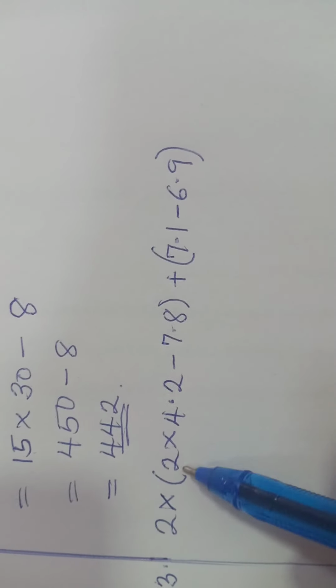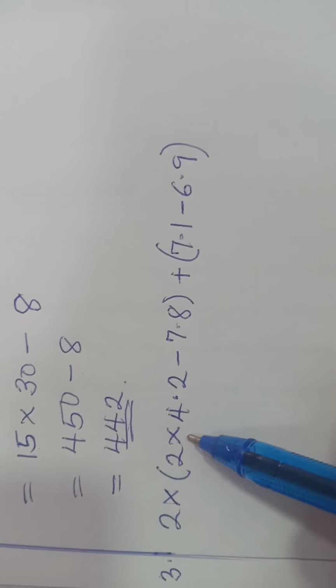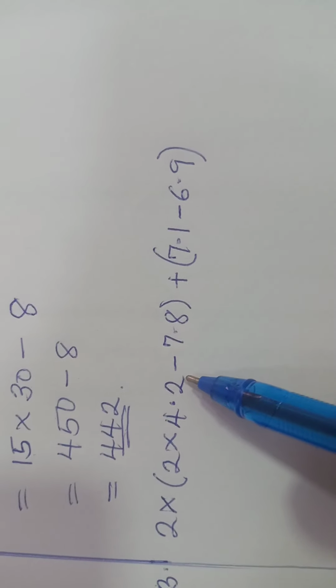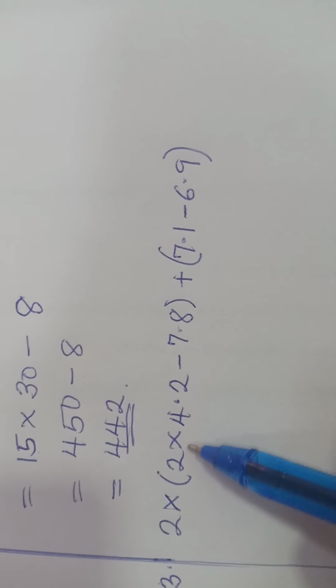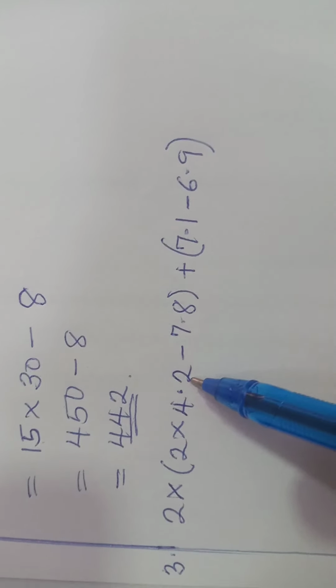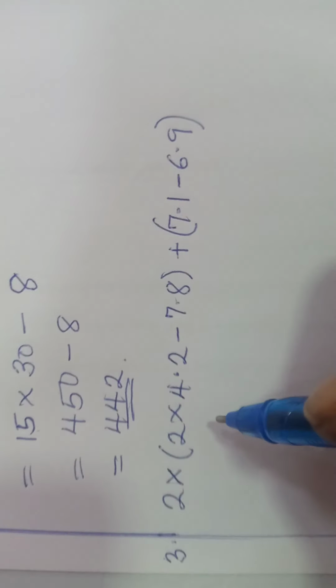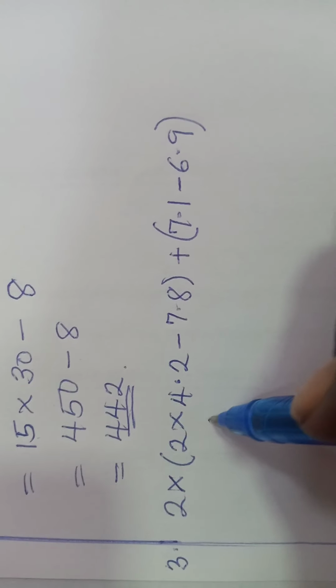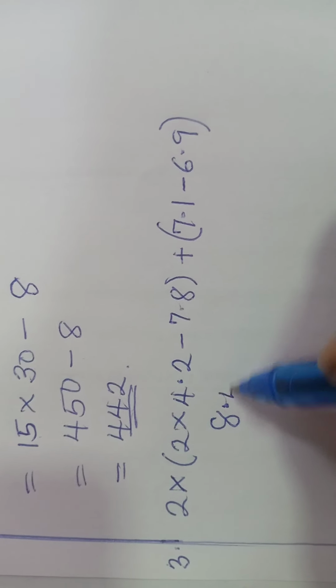So there's no bracket in the bracket. Which one is the closer one? No of or other, no division, but the next one is what? Multiplication. So let's do 2 times 4.2. If you do 2 times 4.2, it will give you 8.4.